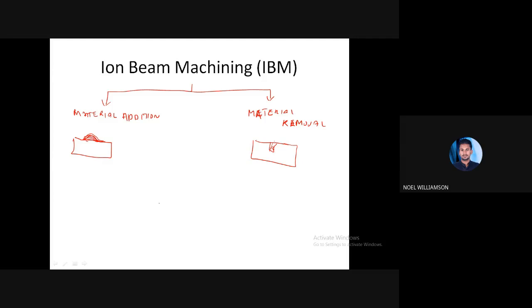Suppose this is the workpiece, and the workpiece contains many atoms. Any material is made of atoms, so a group of atoms are there.